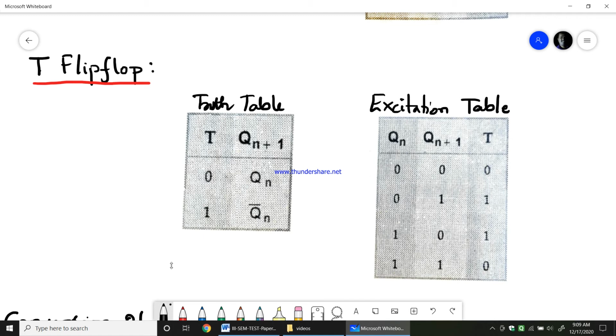So how to convert the flip-flops from one format to the other format. What we do here is we convert SR to D, D to SR, and so on. So first, we will see how to convert an SR flip-flop to D flip-flop.